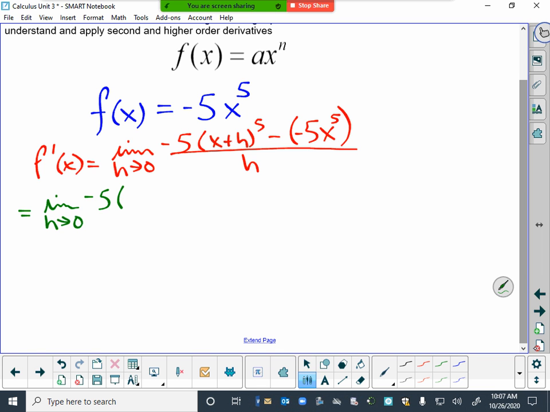Okay. So this then becomes the limit as h goes to 0 of negative 5 times, and I need to know what x plus h to the 5th is. Well, that's where my handy Pascal's triangle comes in.